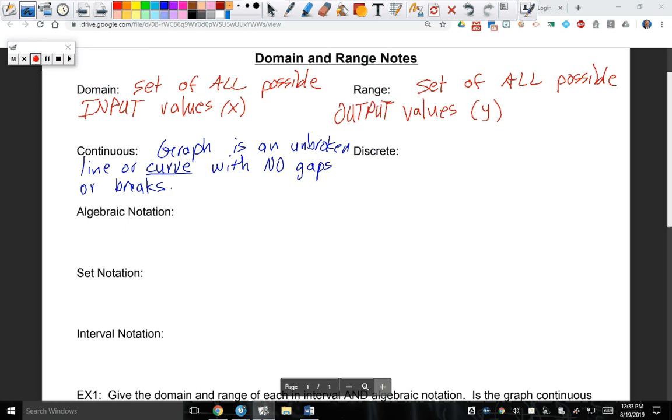Discrete is a graph that has holes, gaps, or breaks. And if you want to write underneath just a bunch of points, that's fine. Okay? Alright.